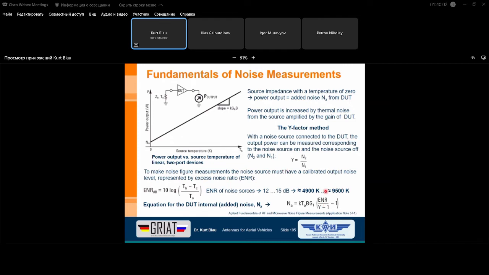Then we have the excess noise ratio. We have to determine this first, it's clear, together with our avalanche diode. And then you can see here the Y factor occurs only in this formula, only one time. Yeah, and so we can determine the internal added noise power of our device under test.